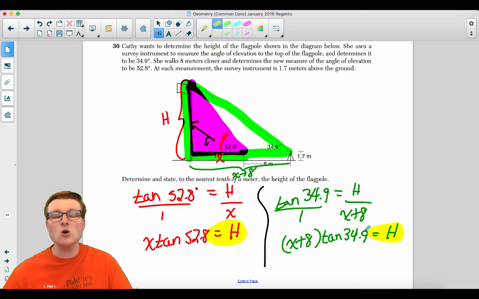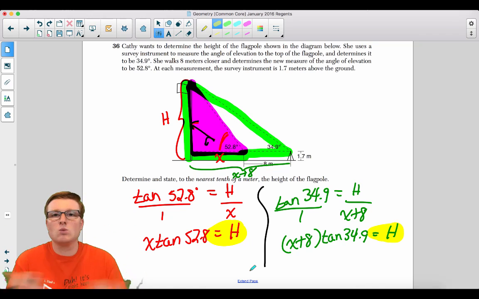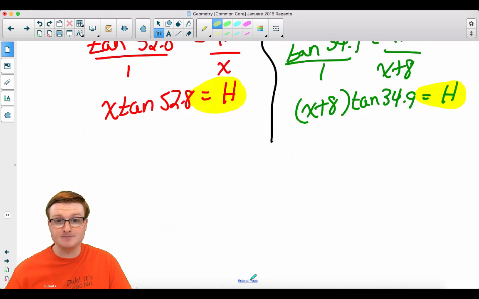These two equations are equal to each other. That is what we needed, because we can't work with two unknowns. We have to have one variable in the equation. So we could set these two equations equal to each other. And let's do that right now.